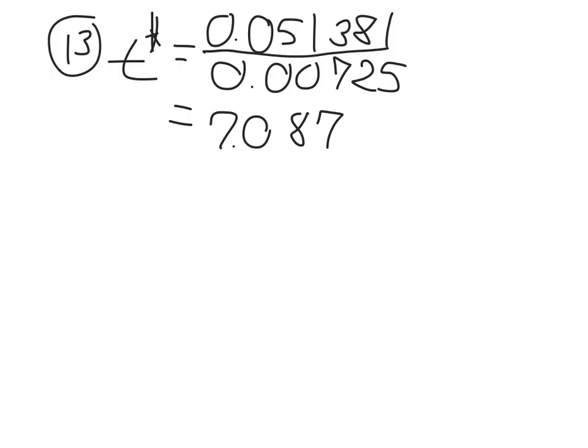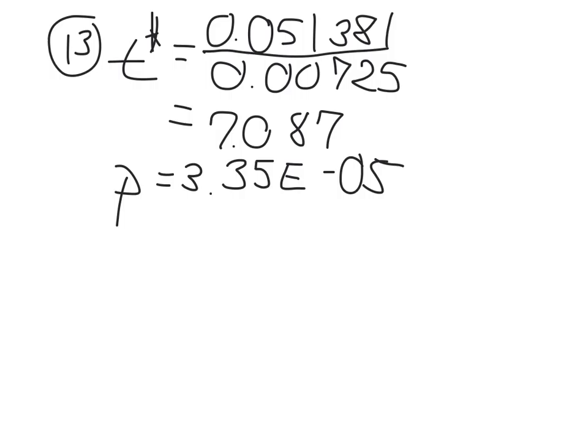This is a T star, so we can't get the p-value directly, but it's actually given to us as 3.35 e to the minus 0.5. Now, don't panic. That's actually in scientific notation. So what we need to do is set it back into decimal form if you don't recognize that right away.